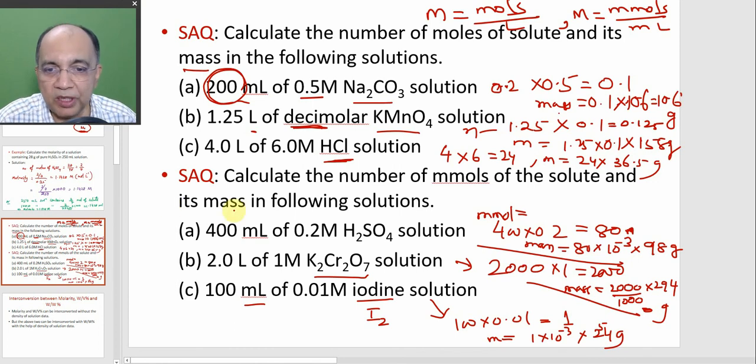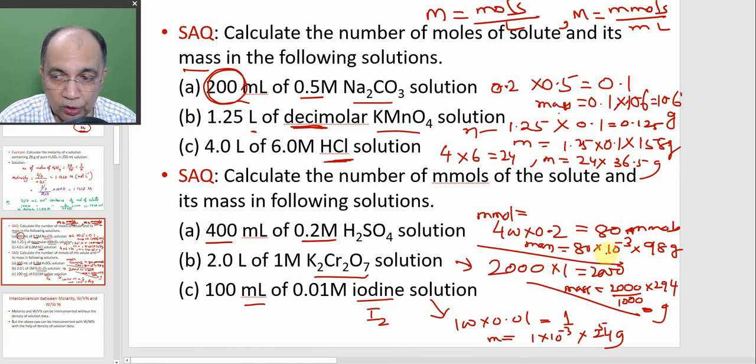So the number of millimoles is the volume in milliliter into molarity. So 400 into 0.2 will give you 80 millimoles. So mass is equal to 80 millimoles; to kill the milli, you have to multiply by 10 to the minus 3, because a millimole is a smaller unit and you are converting into the bigger unit, mole.